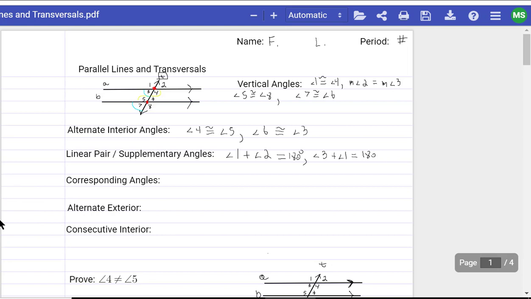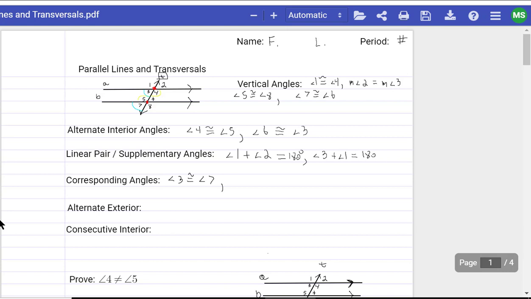On the top red dot, if we go down and to the left, on the bottom dot, we see angle 7. So these are corresponding. They're both down and to the left in comparison to where the transversal touches the line. So these are going to be congruent. They have the same measure. So angle 3 is congruent to angle 7.